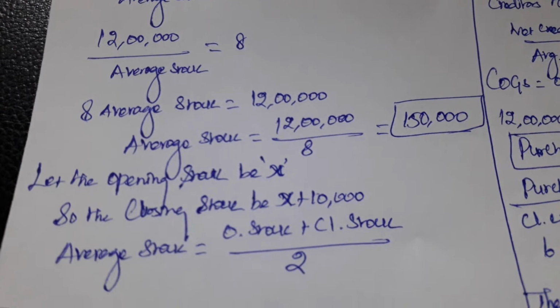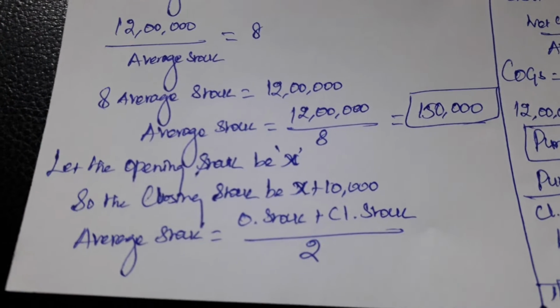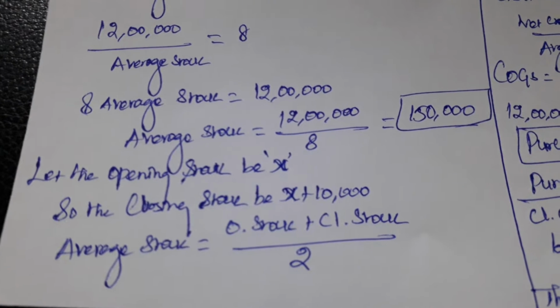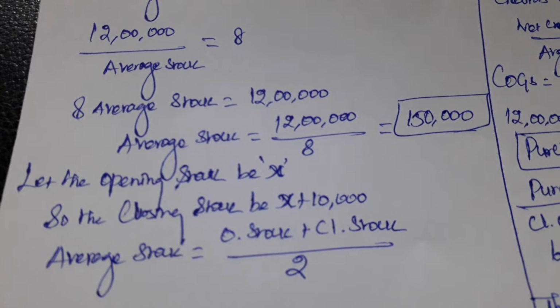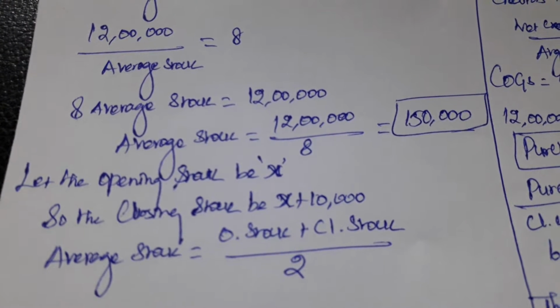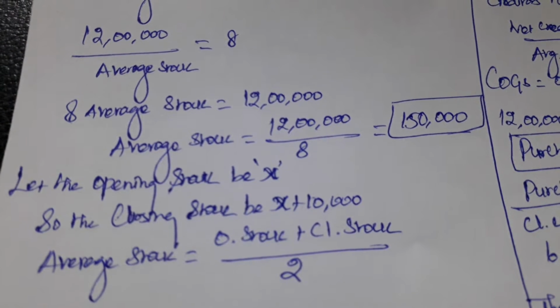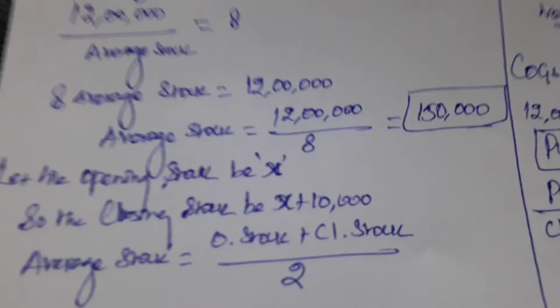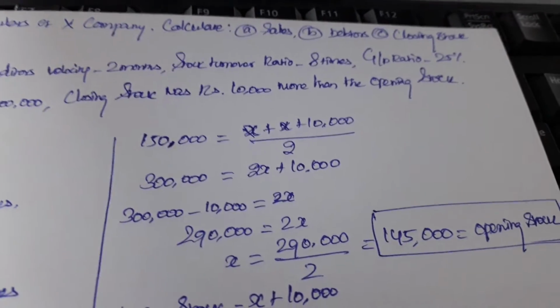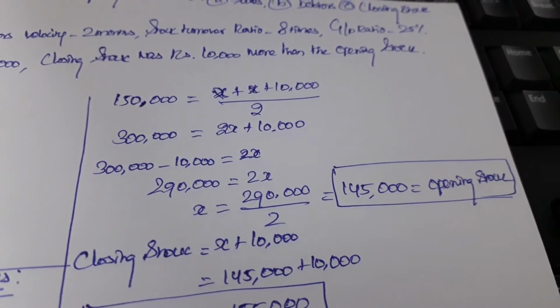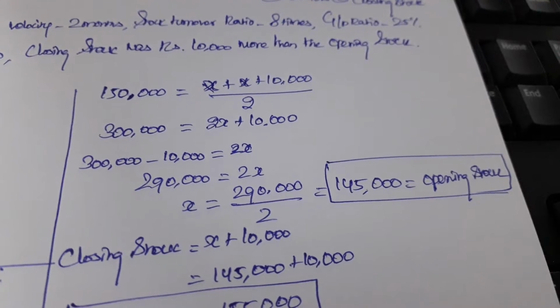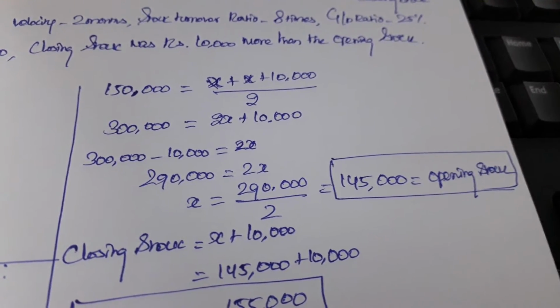How to calculate average stock? Average stock equals the opening stock plus the closing stock divided by 2. In the place of opening stock, we put X, and in the place of closing stock, we put X plus 10,000. The average stock we just calculated is 1,50,000, which equals X plus X plus 10,000 divided by 2.